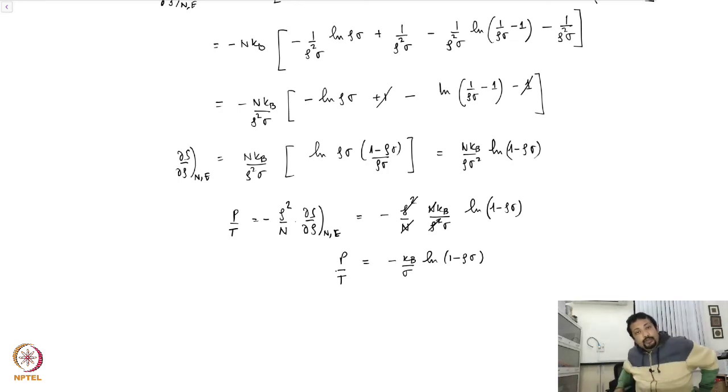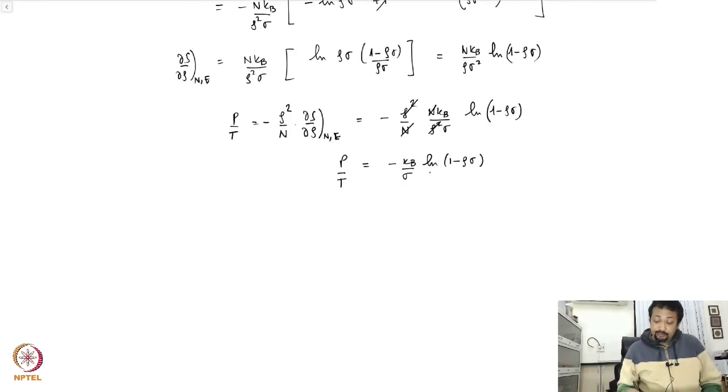Remarkably, even though you started off with a non-interacting system of particles, you have an equation of state which doesn't follow the ideal gas law. Therefore, you clearly see that this system behaves in a different way, as if it's interacting. To look at this, for weak enough density, I can expand the log.